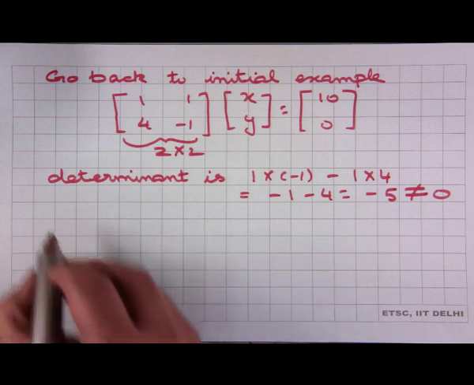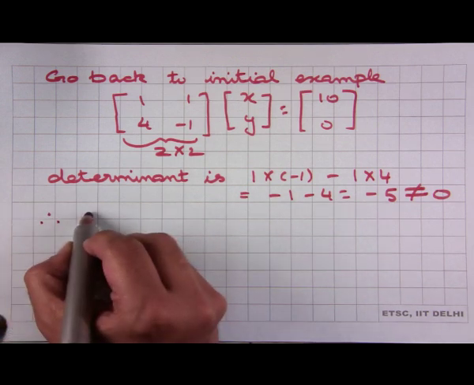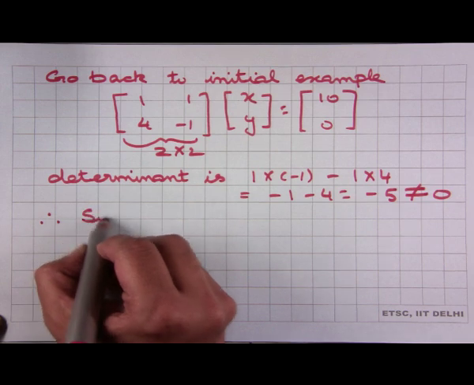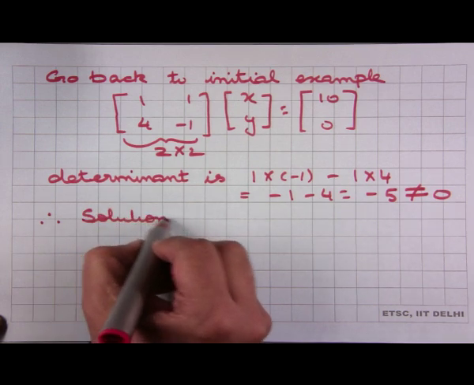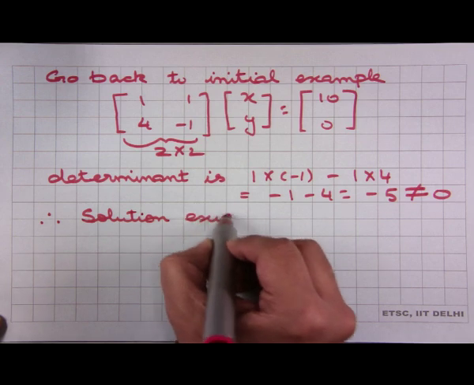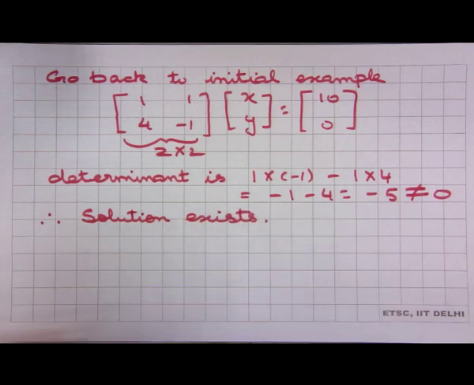Therefore, the solution exists. Again, this is a simple example. So, we may think, okay, we could have directly calculated it, but we may imagine that for higher dimensions it may be difficult to explicitly solve for the equations, and in that case the determinant provides a useful, quick way to check for the existence of solutions.